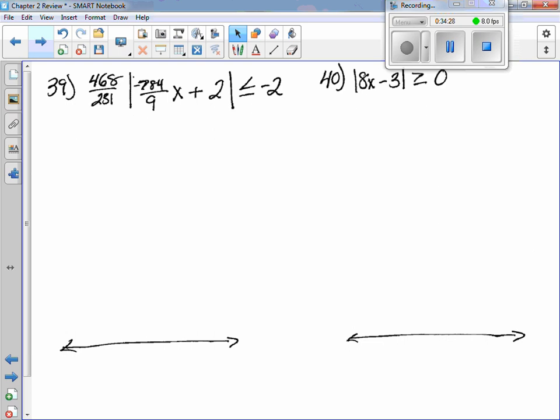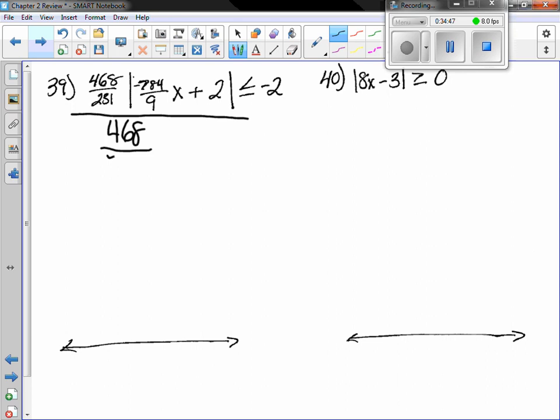Let's look at 39. So this here is less than. Well, we have a negative number, yes, but do we still have something added or subtracted or multiplied outside the absolute values? Yes. So before we can say anything, we need to get the absolute values by themselves. So we're going to divide both sides by 468 over 231.